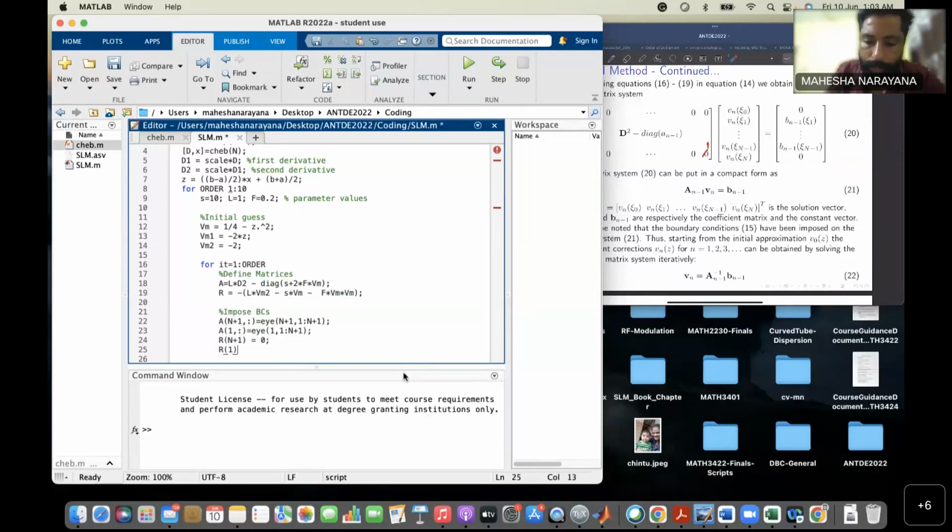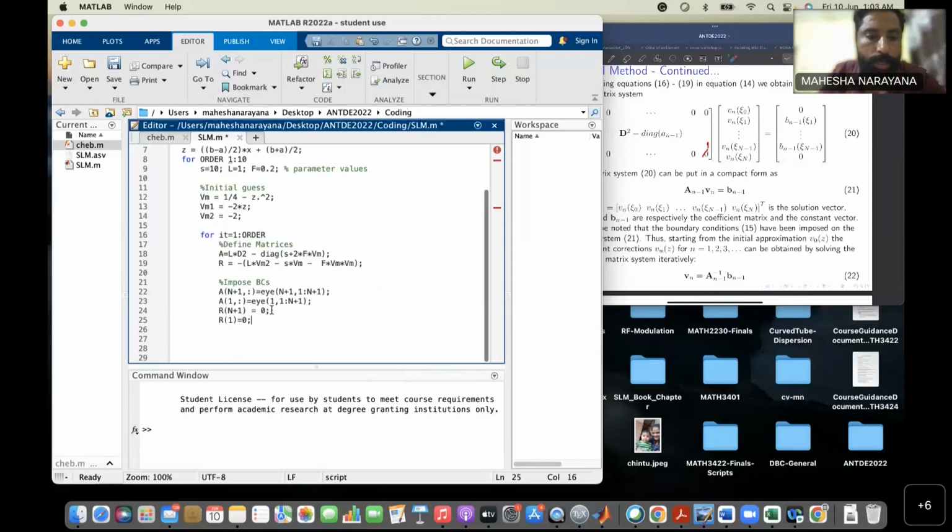All right, and all you need to do is just invert it. So when you invert, I'll write the solution as SOL.